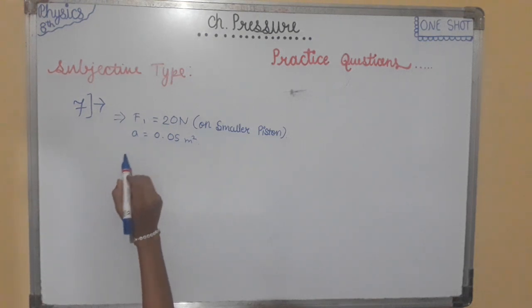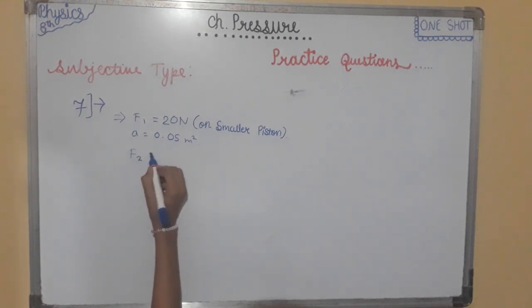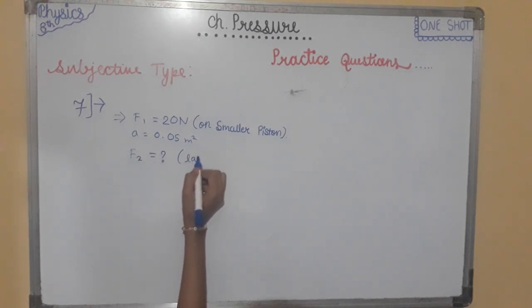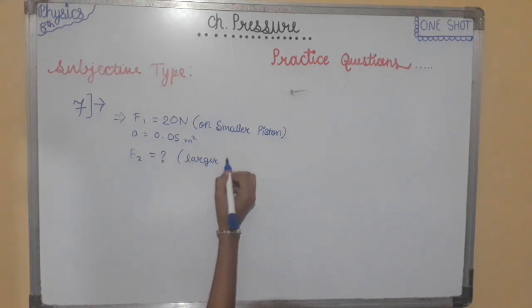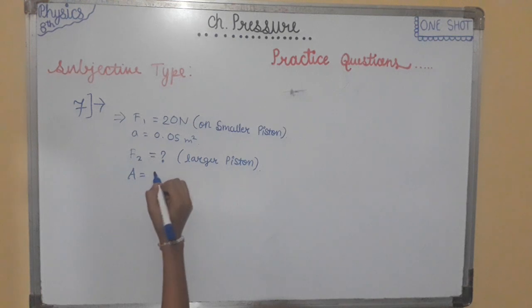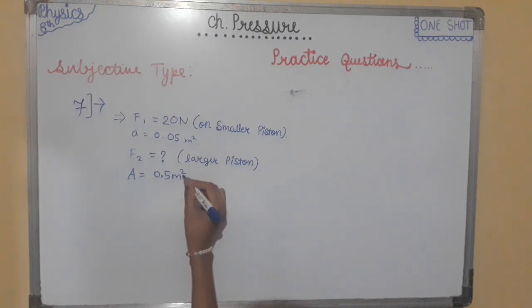Then the force applied on the second, larger piston is equal to what? The area of the larger piston is 0.5 meter square.